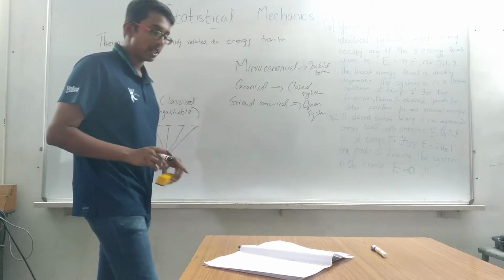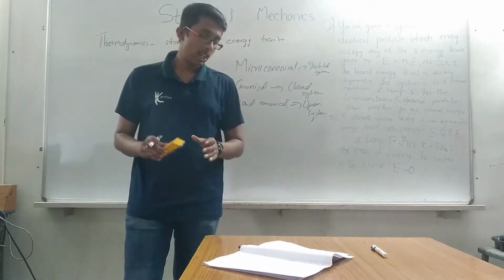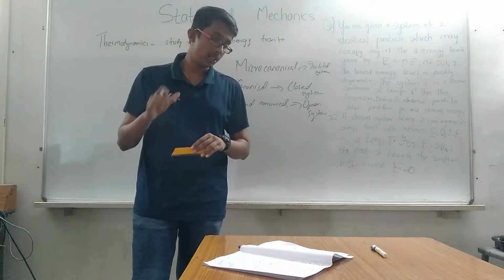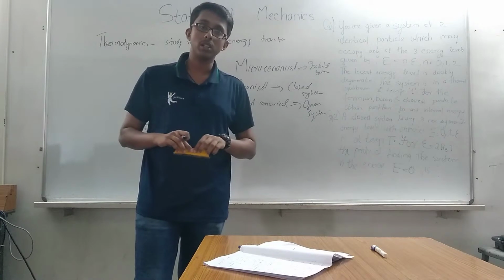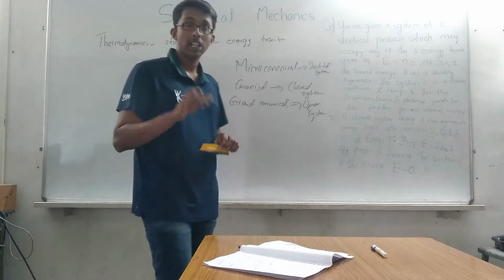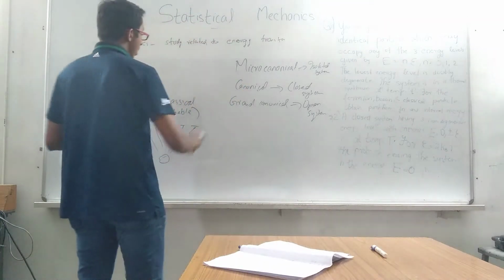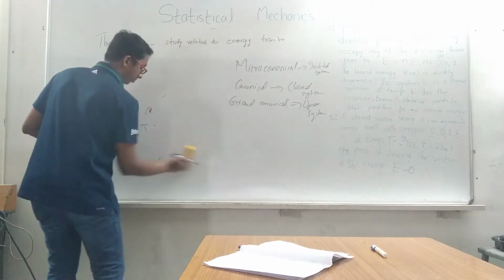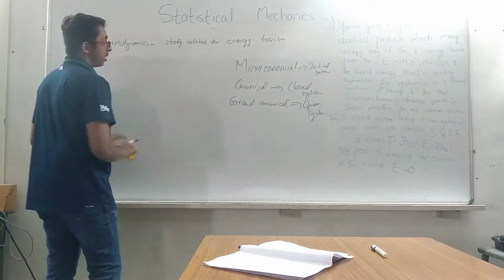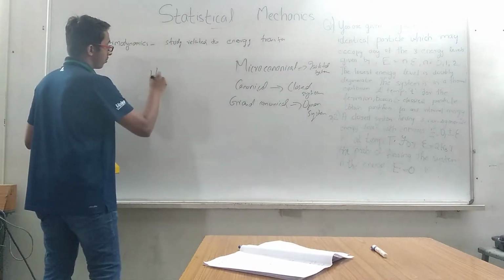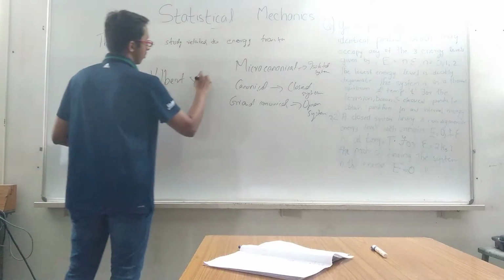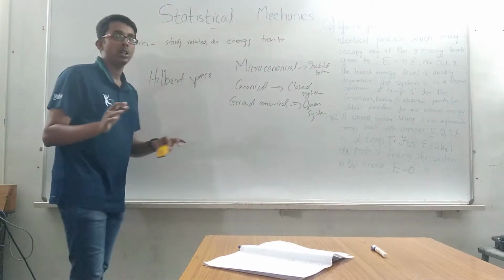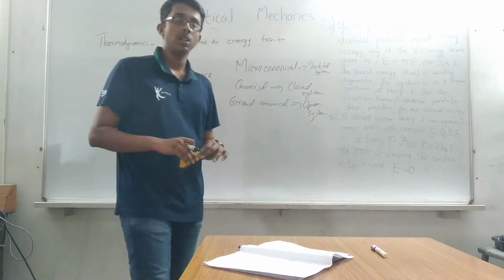In quantum statistical mechanics, we can define that an observable of a system is associated with a Hermitian operator which operates on Hilbert space. So in quantum statistical mechanics, the space that they are considering is a Hilbert space. As I said, I am not going to do any derivations in this area.